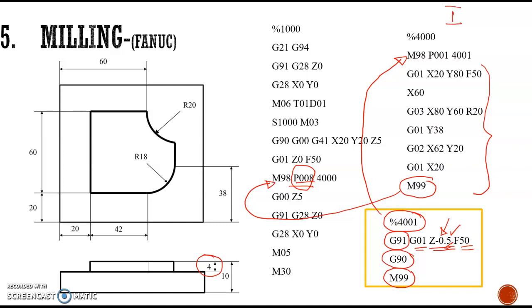So again it will perform the same thing 8 times, and each time it comes to subprogram 2, the depth will be increased by 0.5 mm. So 0.5, 0.5, 8 times means totally we will get 4 mm depth of cut. So after 8 times of performing this subprogram, our work will be finished.